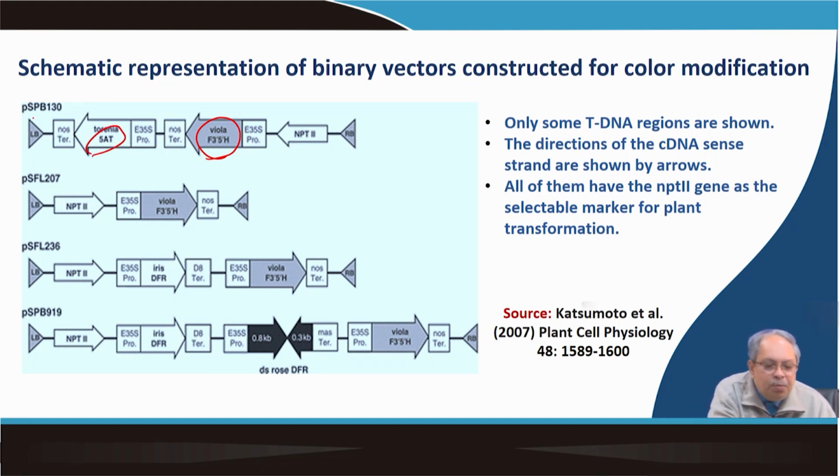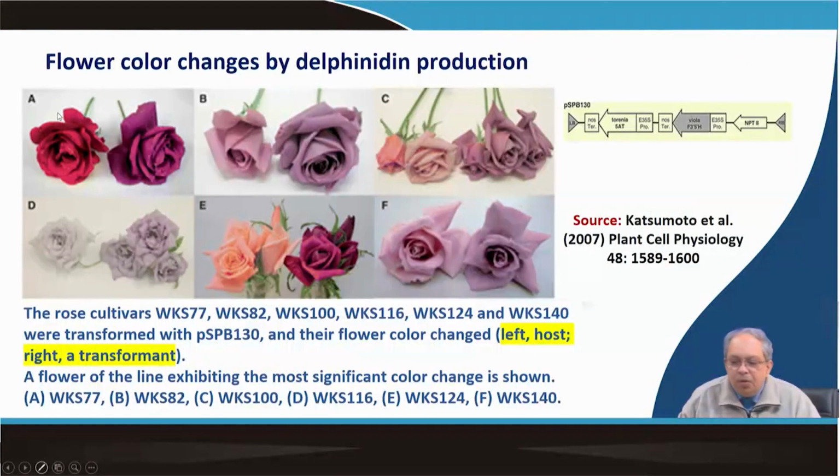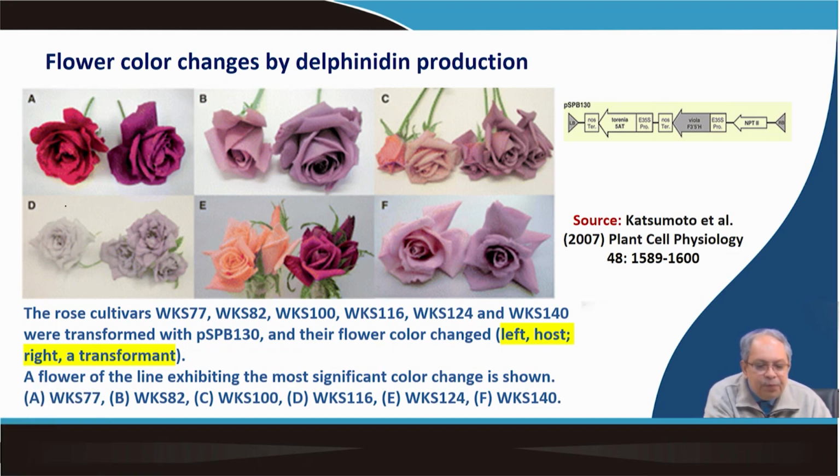This construct they call pSPB130, and when it was expressed in rose, they found changes in coloration. The left is the host, the right is the transformant. Host means we can write control, host, and this is the transformants. So, you see changes in the coloration.